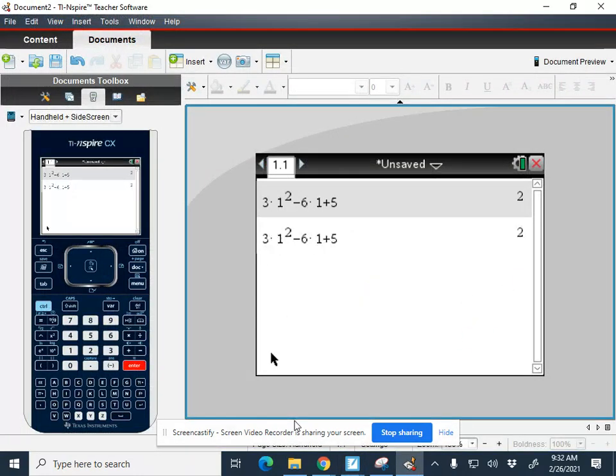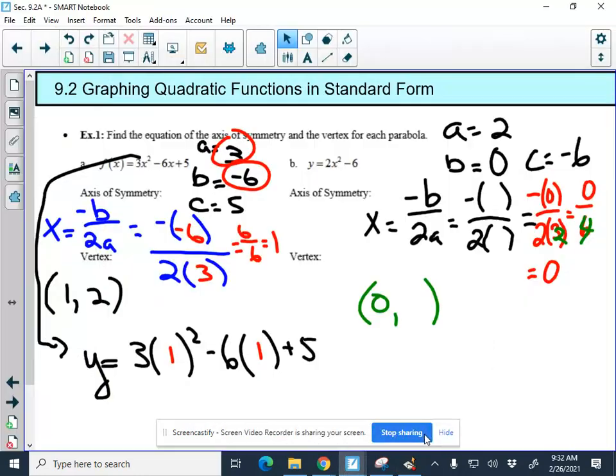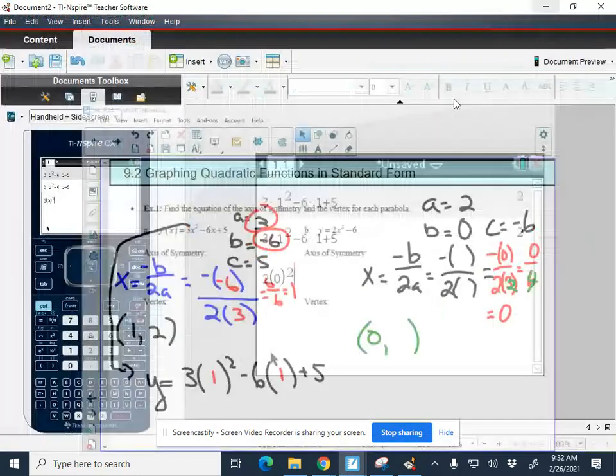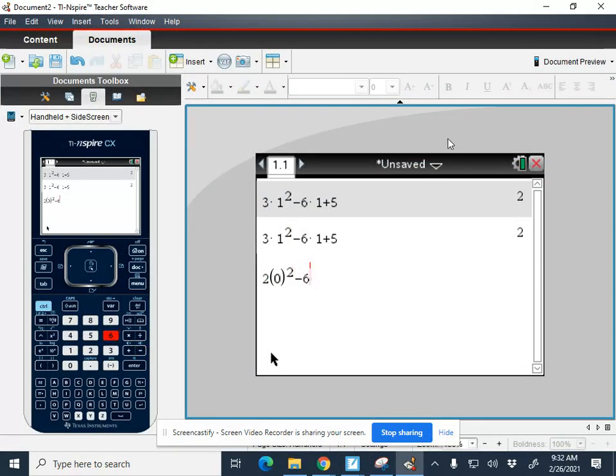Everybody on your calculator page, we go 2 parentheses 0 squared minus 6. You get -6.